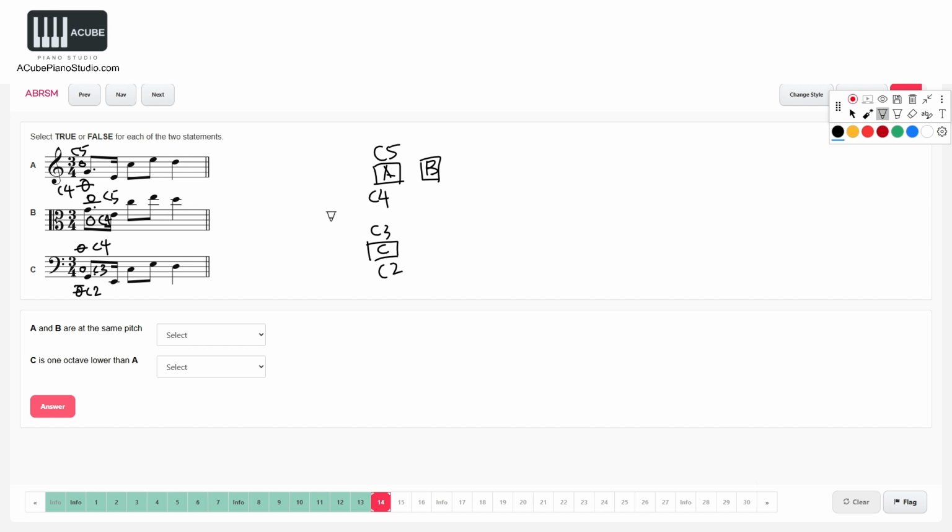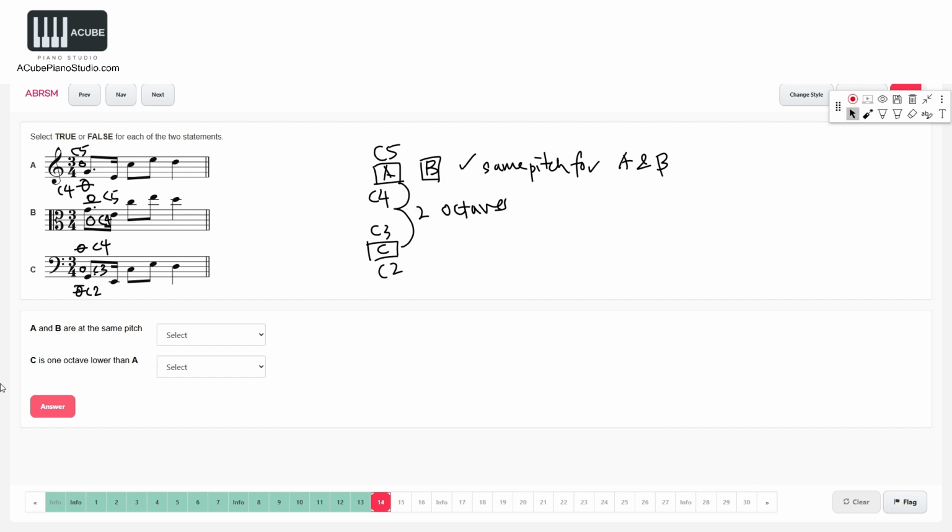So what can we tell from here? We can tell that A and B are the same pitch. Then option C is 2 octaves lower than A and B, or A and B are 2 octaves higher than option C.